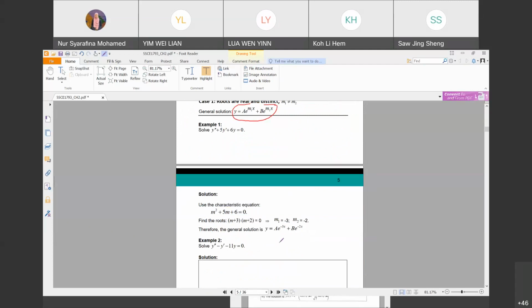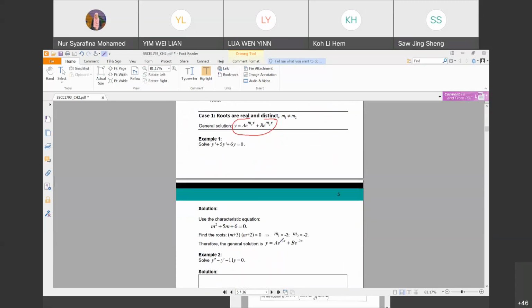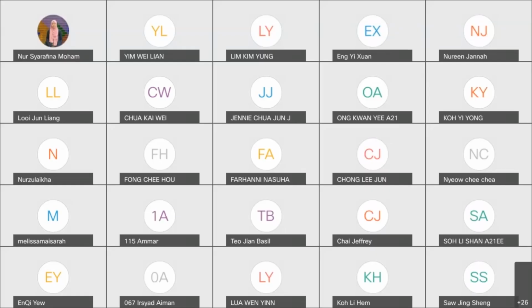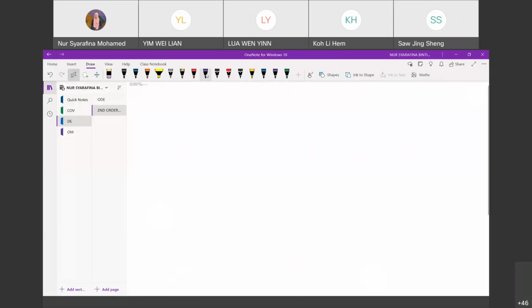Is that clear? Right, so we have a second order differential equation.